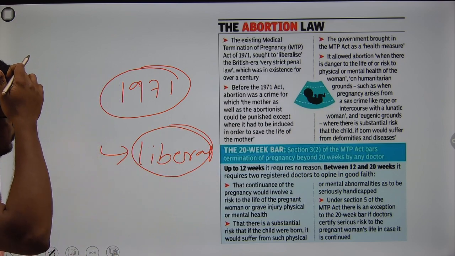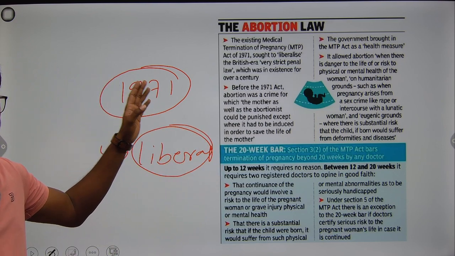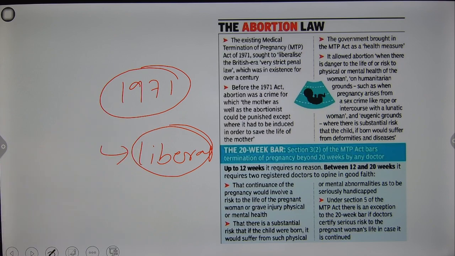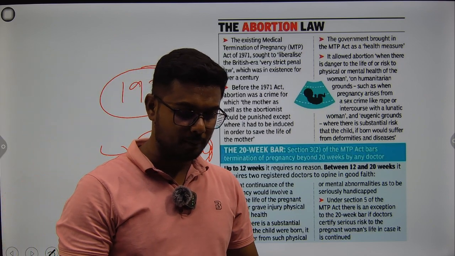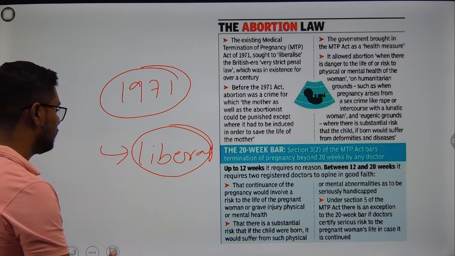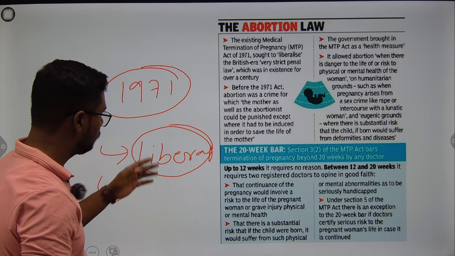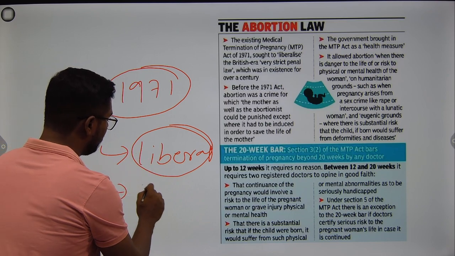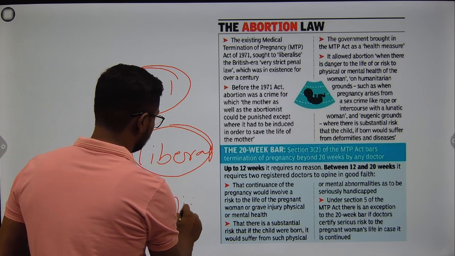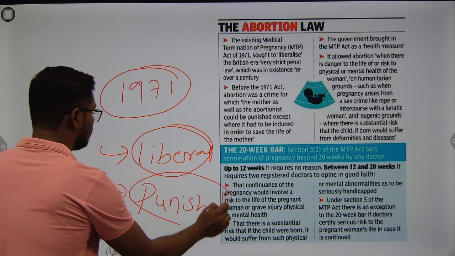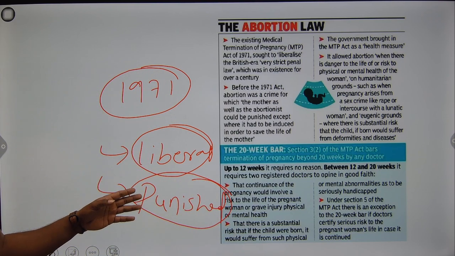Before the 1971 Act, it was a crime for a pregnant woman to go for abortion. So if anyone opted for abortion before 1971, they could be punished. Not just them, even the practitioner or doctor could be punished, right?